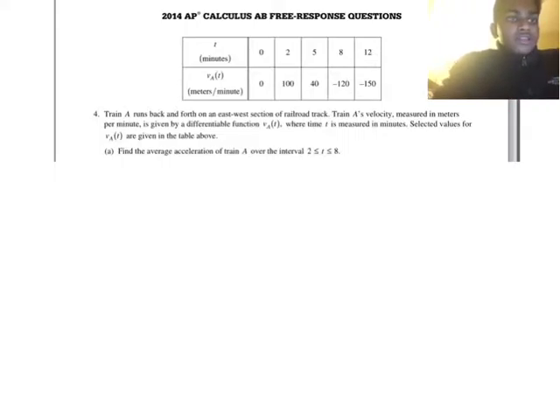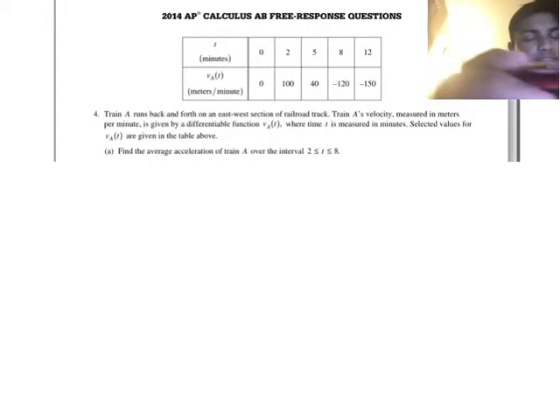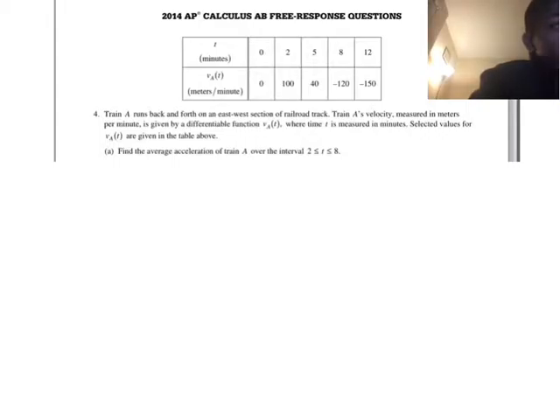Now we can move on to part A. Find the average acceleration over the interval 2 less than or equal to t less than or equal to 8. So average rate of change is always given by a slope formula like y2 minus y1 over x2 minus x1.